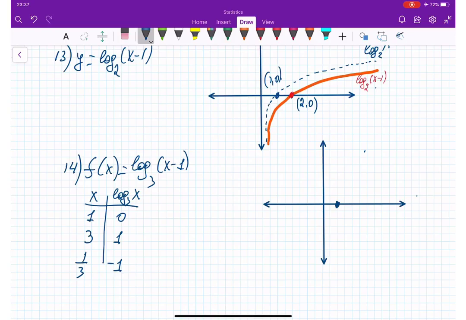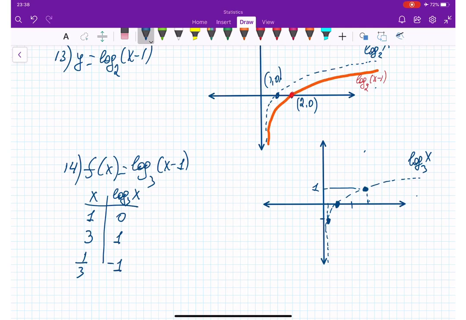So if this is 1 and 0, 1 point, and then 3 and 1, and the third point is going to be 1/3 and -1. So this graph is going to go like this. This is logarithm x by base 3.